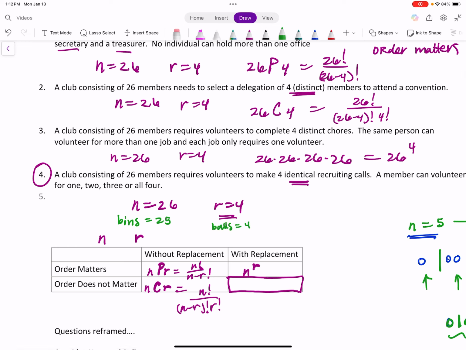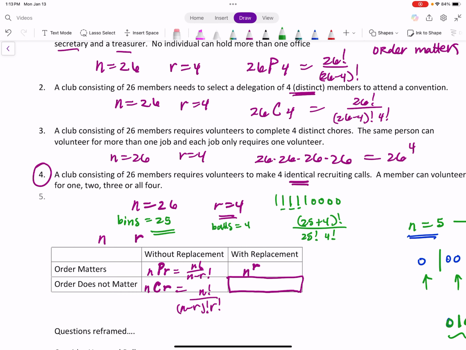So we have dividers that denote the bins, and then we have these 4 balls. So we really have 25 of them. I'm just not writing them here. So we look at all the arrangements of those, which is 25 plus 4, and then we divide out the repeated ones. So those 25 dividers look identical, and those 4 balls look identical.